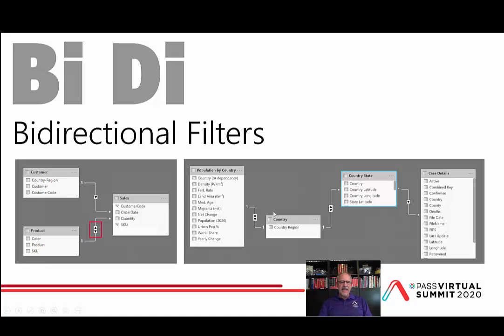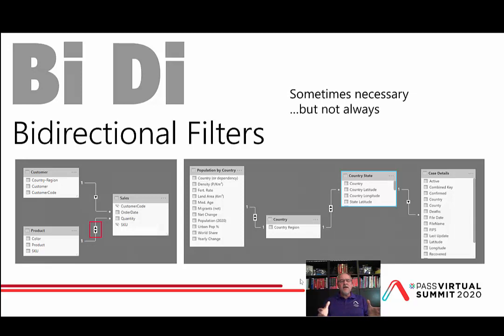And in order to select a country and have that give me population for population density and the COVID cases, I had to use bidirectional filters in order to approach it purely through the relationships in my dimensional model. All right, sometimes bidirectional filters are necessary, but not always.